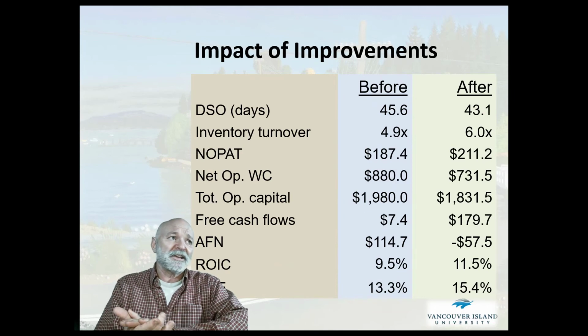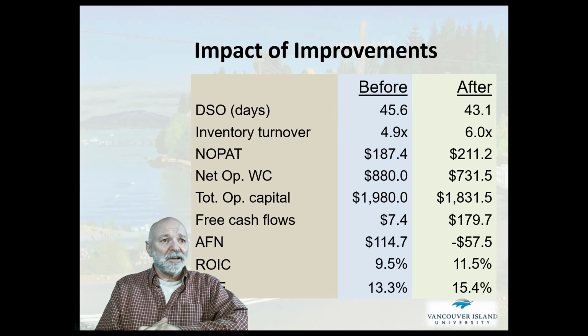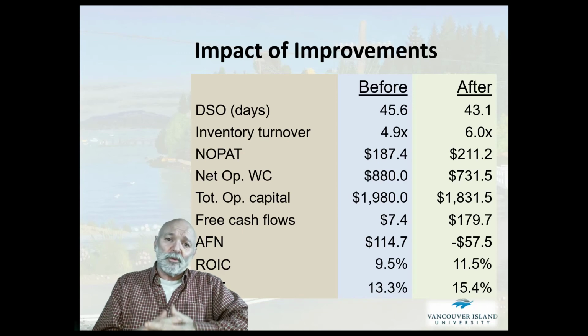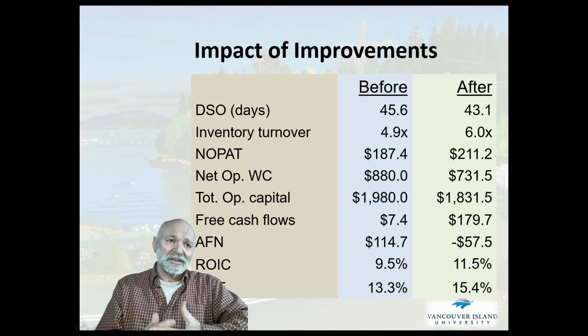Well, our days sales outstanding drops, our inventory turnover increases, not nearly to the industry average, but it's doing better. Our net operating profit after tax increases to about $211 million. The operating working capital actually falls from $800 million to $731 million. So we don't have to fund additional working capital.